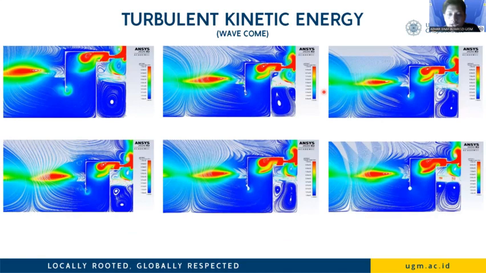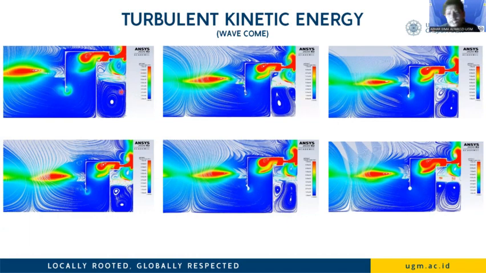Here are the turbulent kinetic energy contours on each modified model. The turbulent kinetic energy describes the loss of flow to turbulence on the underlip side. By the time the water wave comes, the underlip side of the conventional rectangular model had the largest turbulence compared to the other models.